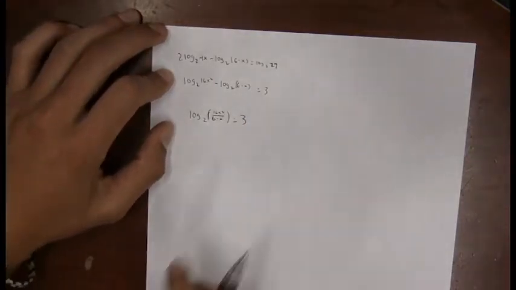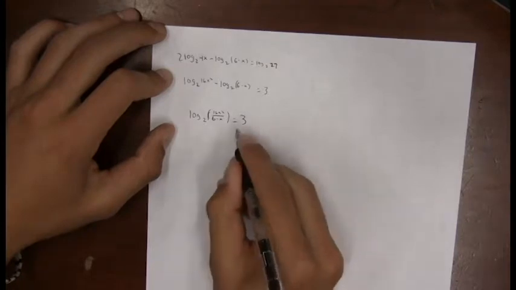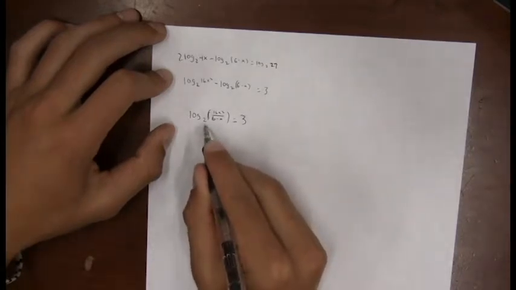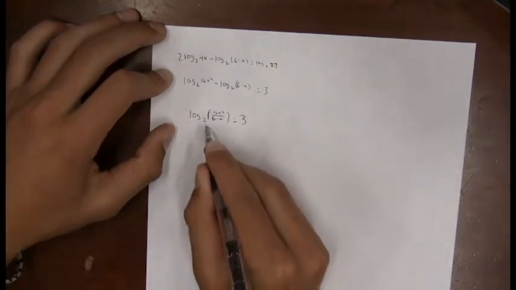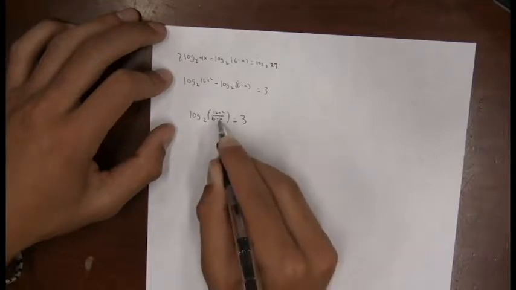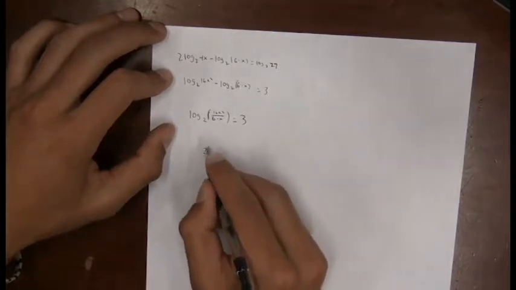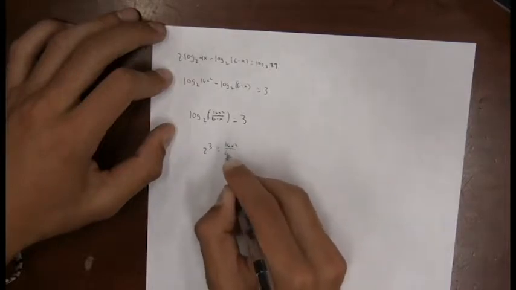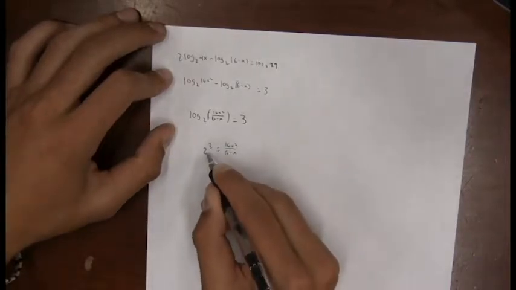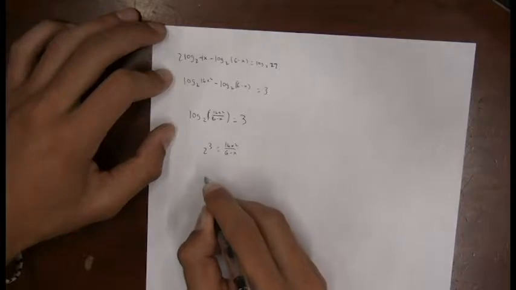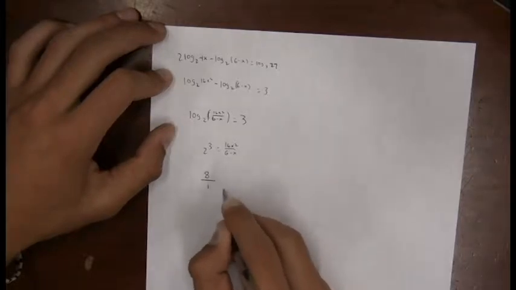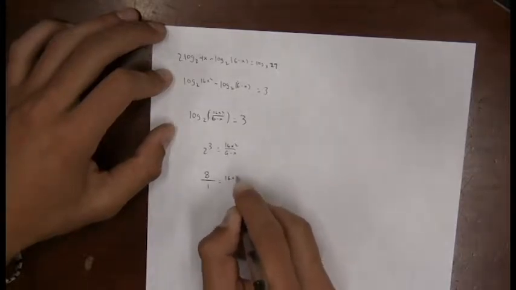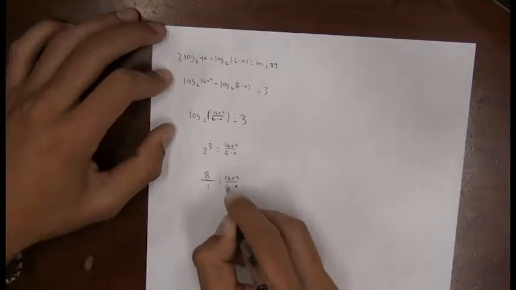Now the next step is to set it up in a different form, where you have 2 to the third equals this. And then now we solve this, which is 8 over 1 equals 16x squared over 6 minus x.